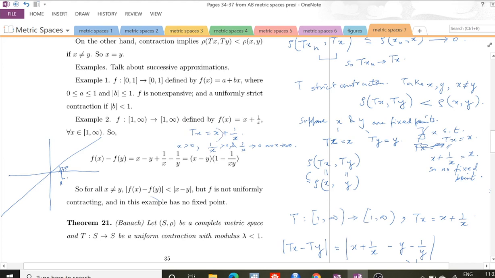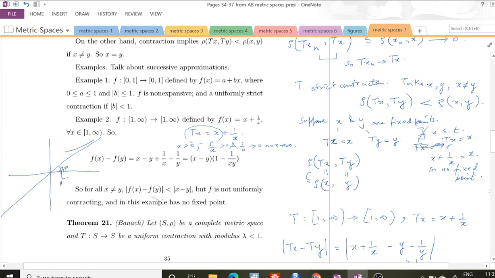Tx is equal to x, that's just the 45-degree line, right? So x plus 1 by x, because 1 by x is positive, must lie above the 45-degree line here, okay? And the 1 by x part goes to 0, right? So this is some curve that's going to the 45-degree line.